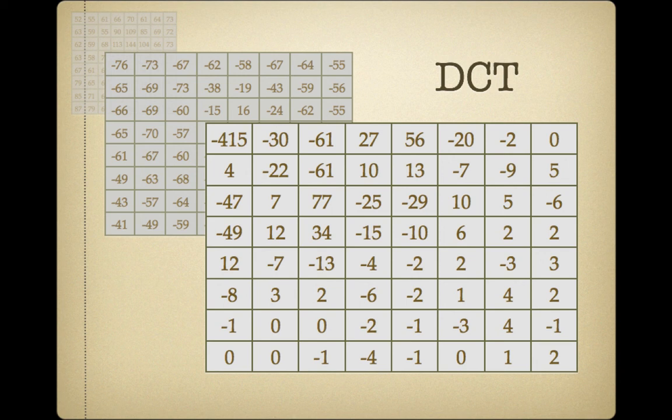Even up at the top left, there are bigger numbers, and smaller numbers down at the bottom right. That's just the way the DCT has organized the information. It's put the most significant information up in the top left where we can get at it.